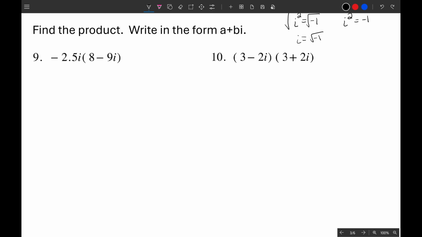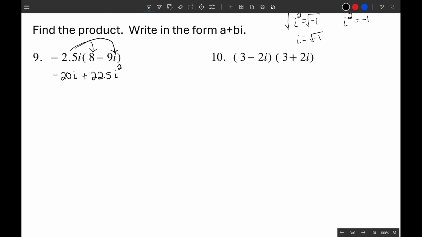So I have a negative 2.5i times 8 minus 9i. So I'm going to distribute and do negative 2.5i times 8 would be negative 20i. And negative 2.5 times negative 9i, I'm going to have an i times an i, so negative 2.5 times negative 9 is positive 22.5, and i times i is i squared.